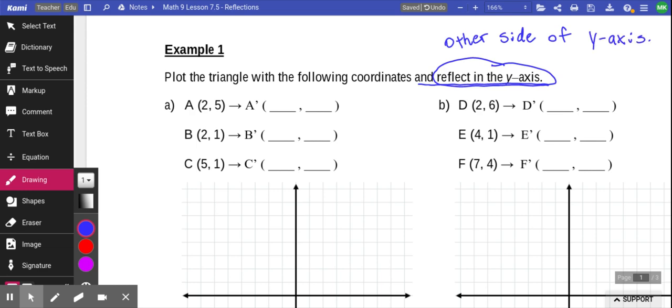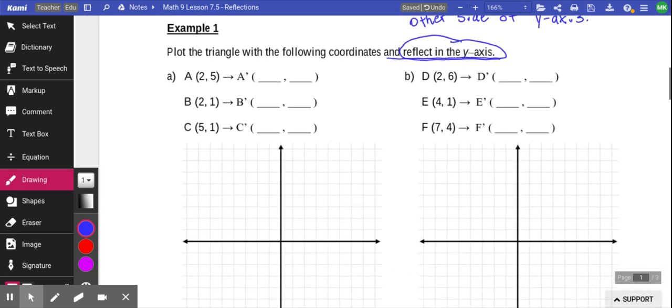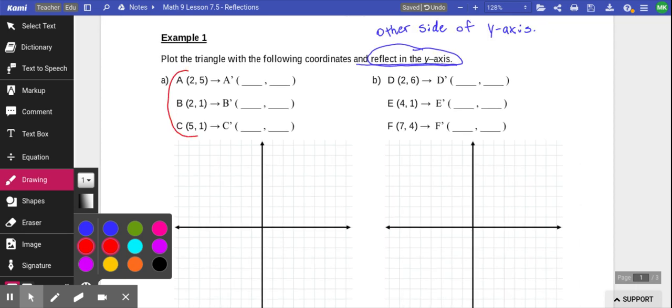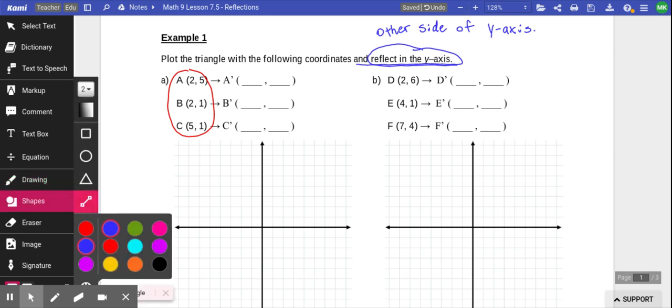I think the best way to do reflections is to draw them. So what they're asking us to do is take these points right here, put them on the grid, and then reflect them to the other side of the y-axis being right here.